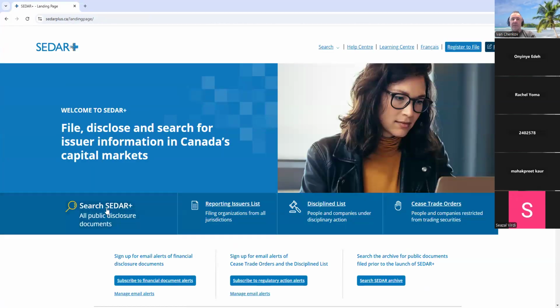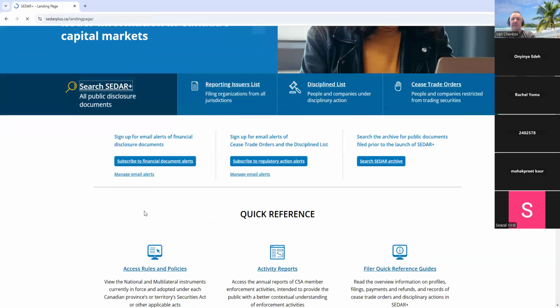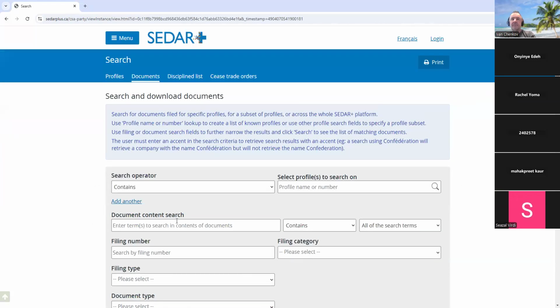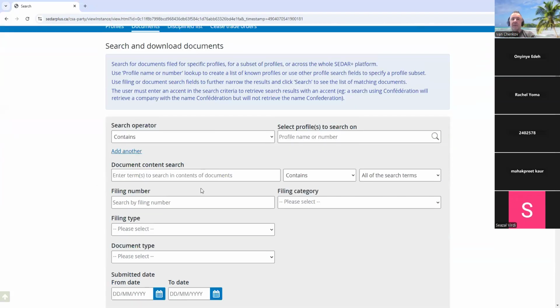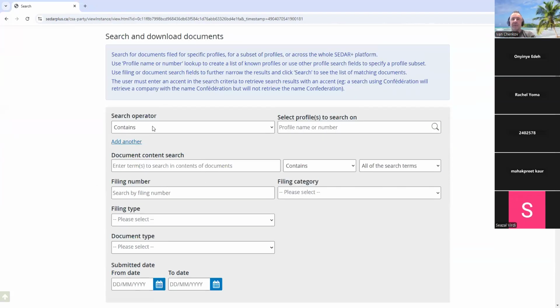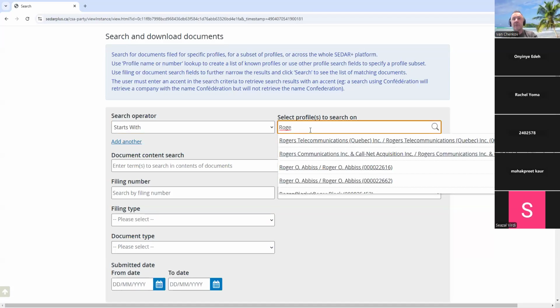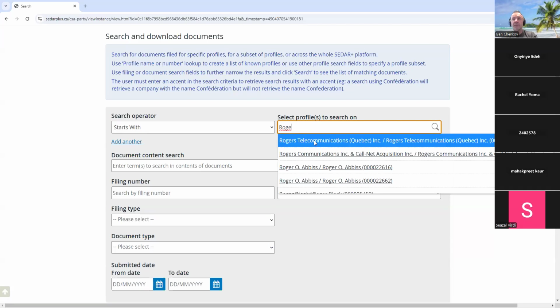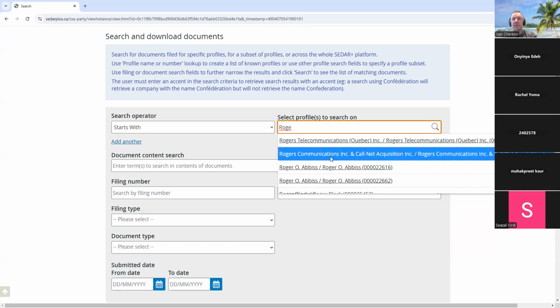If we click search Cedar, let's see what we're going to have. And we're going to come to something like this. And we're going to start with, I tried in the morning. Let's see again if this is going to come up with companies. Rogers Communication.